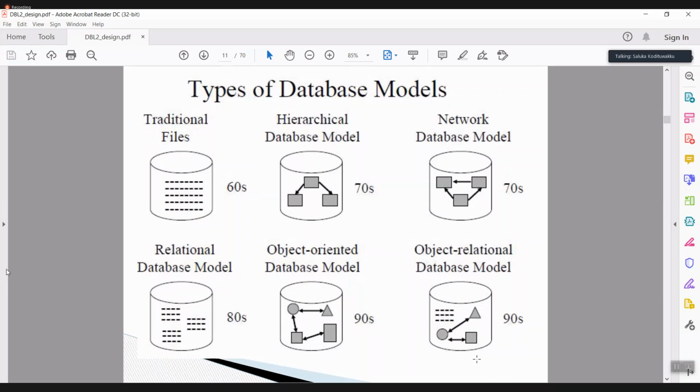The idea here is that the database is constructed according to the relational model but manipulated according to object-oriented technology. It is created following the relational model and manipulated following the object-oriented model.